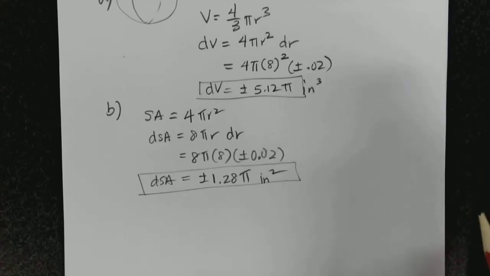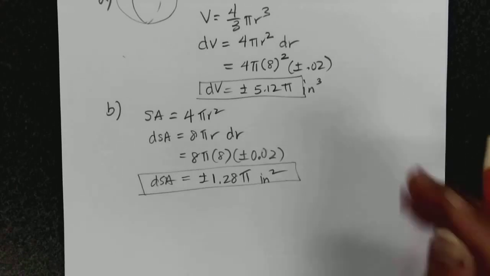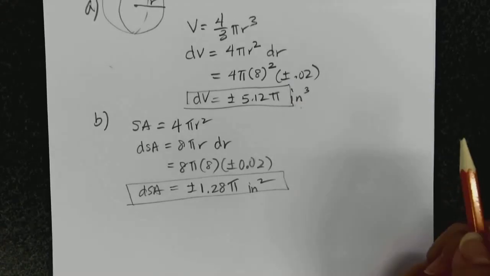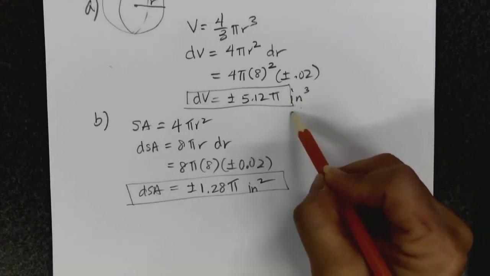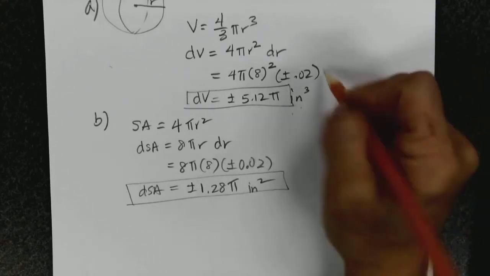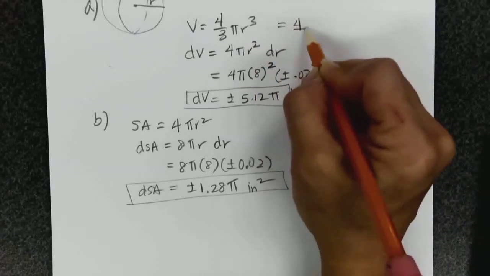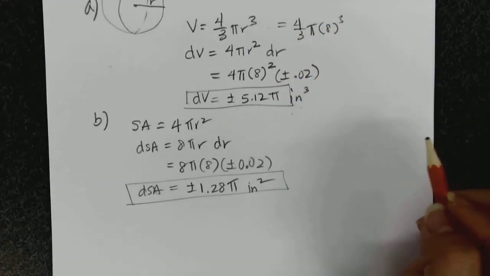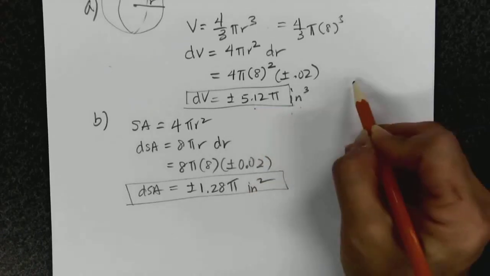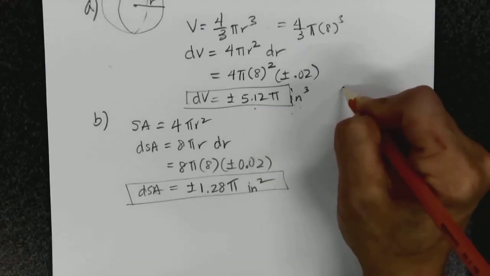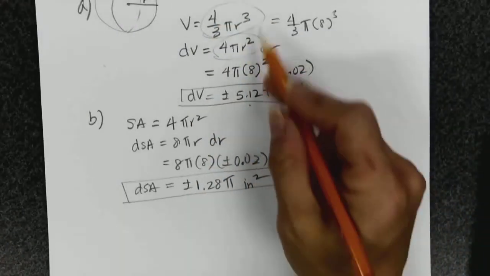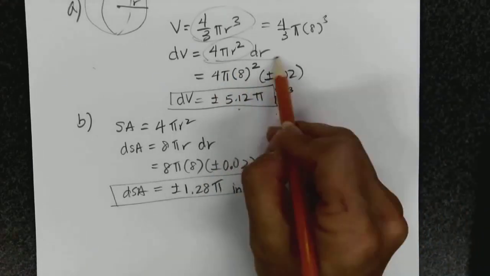So how would I do the error? What would be the error? Anybody? For this one. What would I do? Find the volume, which is 4/3 pi 8 cubed, whatever that is. And then we take this divided by this.